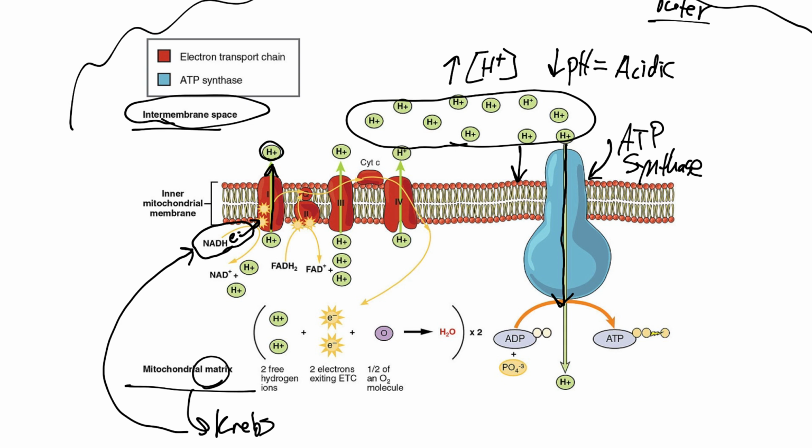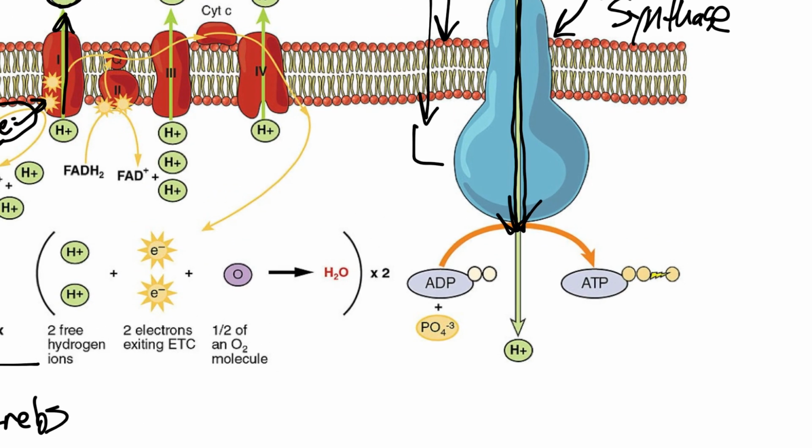So the actual gradient, the fact that proton levels are very high out here and very low in here, and they want to flow through, it's kind of like water flowing down a waterfall. If you put a water wheel in, you can drive a generator and make some electricity. This is the same deal. Protons flowing through ATP synthase give this enzyme the energy that it needs to take ADP and a free phosphate.